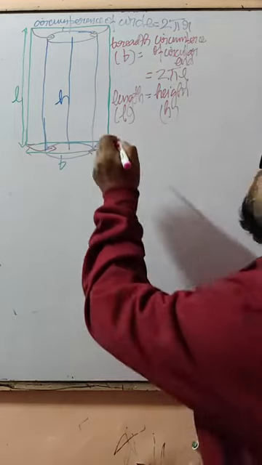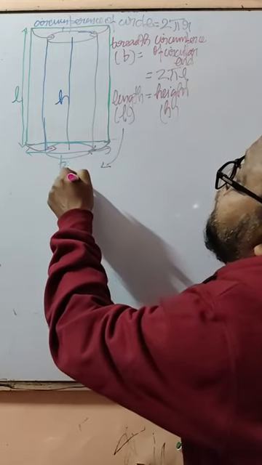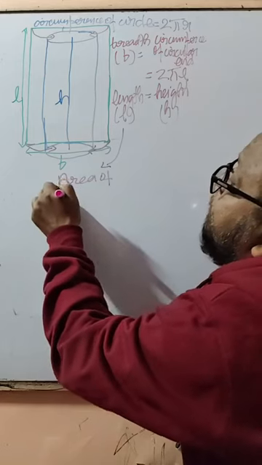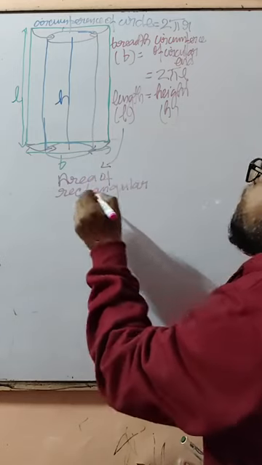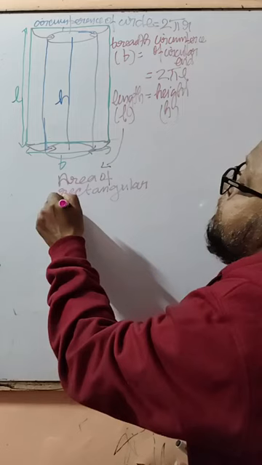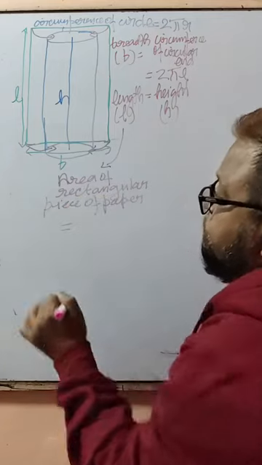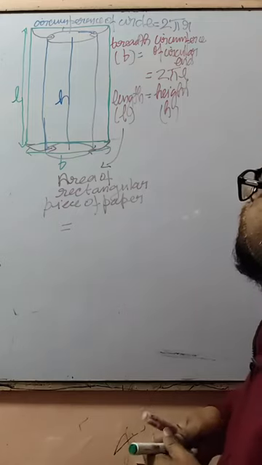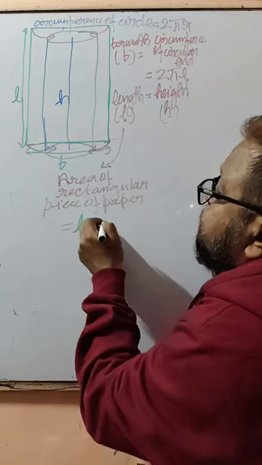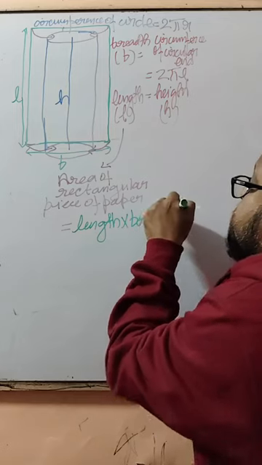Now if we take the area of the rectangular piece of paper, that is equal to what? Length into breadth, right?